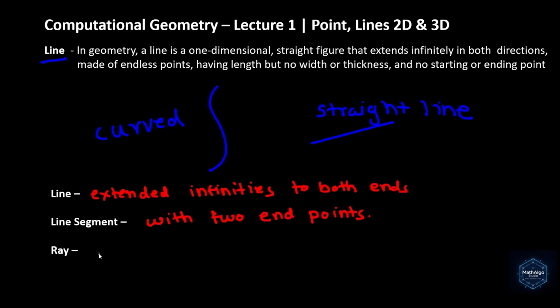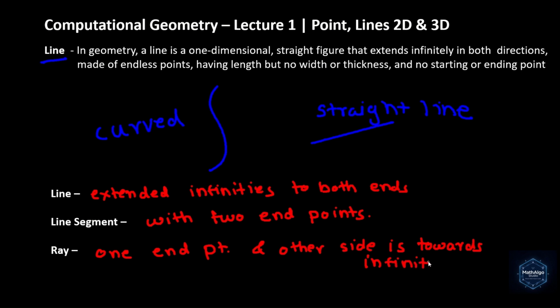A ray has 1 endpoint and it extends infinitely in one direction. These three concepts are extremely important because in computer geometry and CAD systems, we almost always work with line segments and rays, not infinite lines.